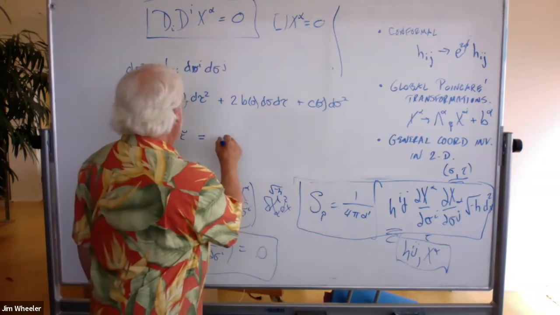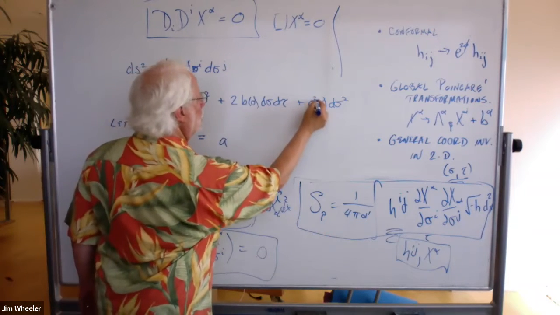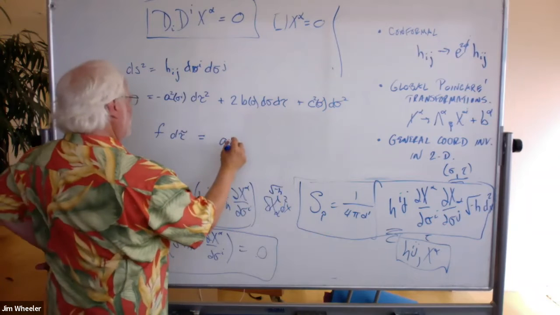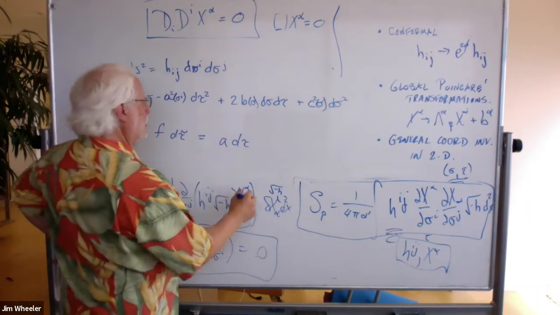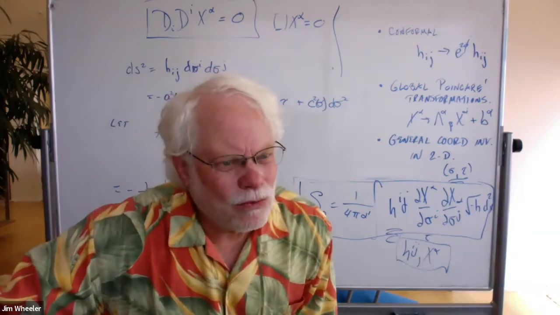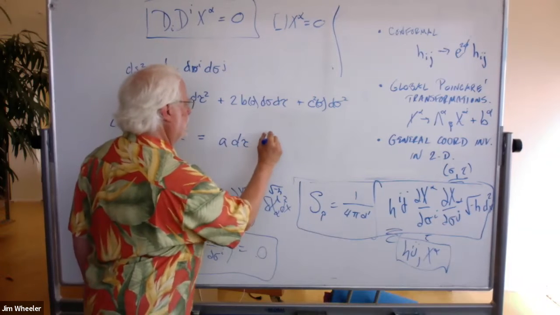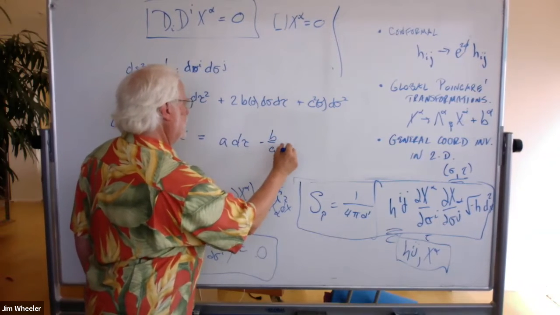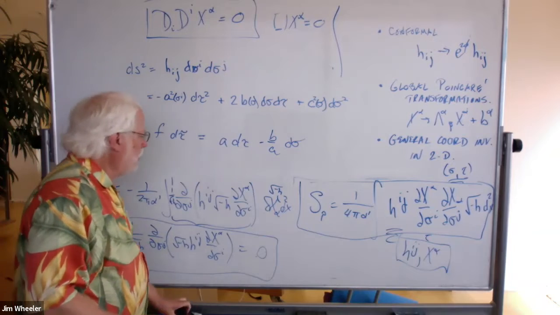So let's make these squared: a times the original d tau plus some multiple of d sigma, and the one that is going to work I might as well just go ahead and use, minus b over a times d sigma.